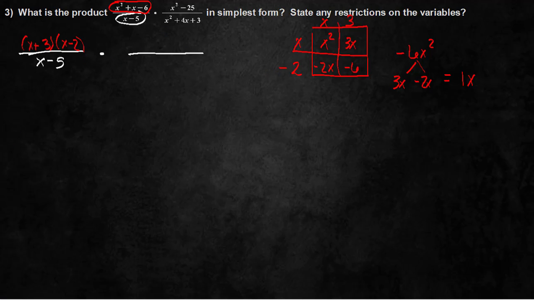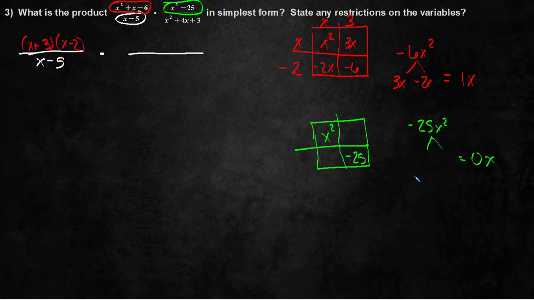Now let's go ahead and take the second numerator. This one can be done with the difference of squares if you remember that rule. Or if you don't, the box method always works when you have a quadratic that can be factored. You have the x squared, negative 25. So what multiplies to give us negative 25x squared that will add to be 0x? That'd be negative 5x and positive 5x.